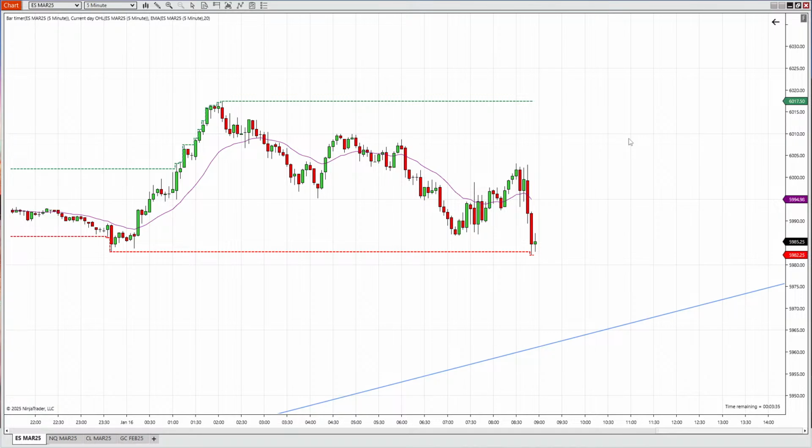I think I'll wait for a second entry on a weak signal bar. If I don't get a really good signal bar here, then I'm probably going to wait for a second entry. It is possible this is just a brief sell-off because it is the morning, it is the open.